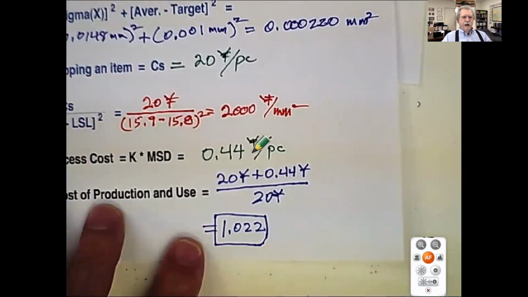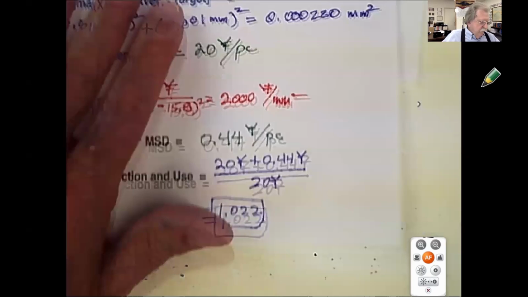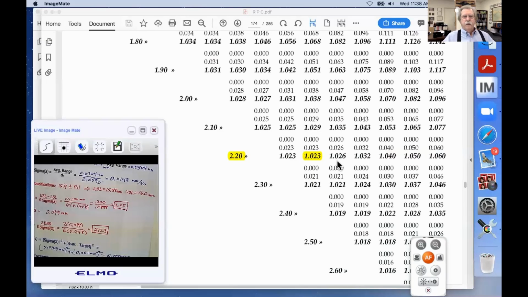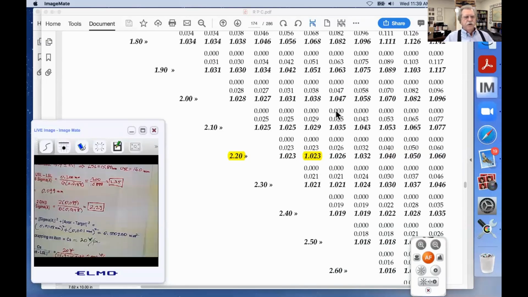Well, this would be 88 hundredths of a yen per piece, and this would still be 1.022. So this is independent of that cost. We're going to go through this book and learn more about the tables in this book this afternoon.